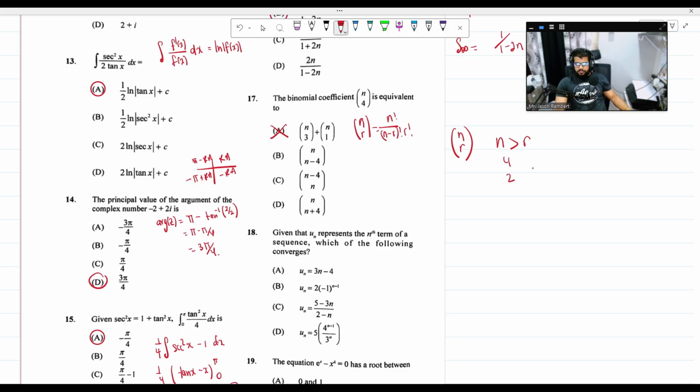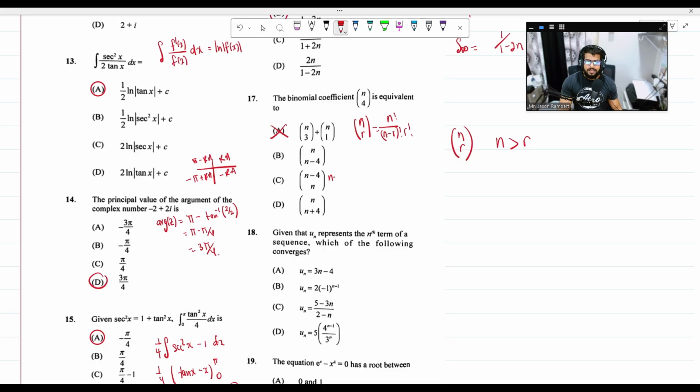I can choose two things, to choose 4. I can't choose 4 things from 2 things. So I'm comfortable n had to be bigger than r. Over here, n take away 4, that's smaller than n.